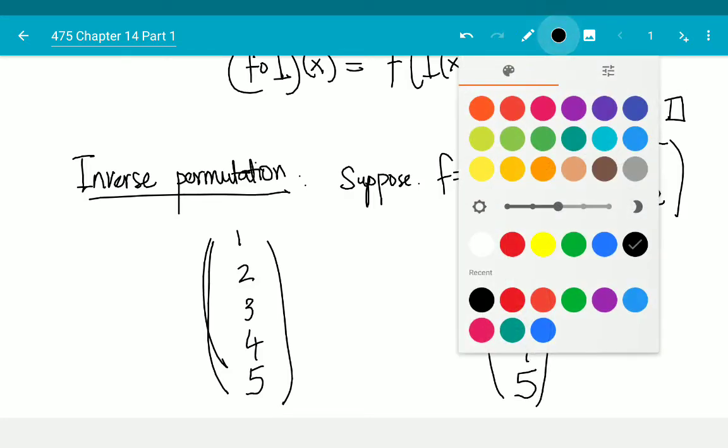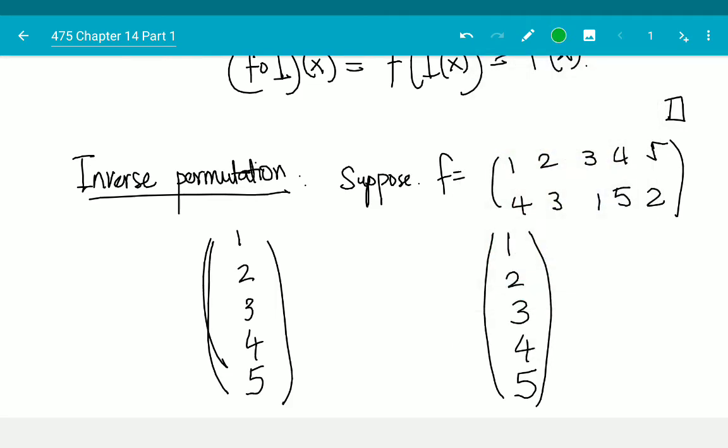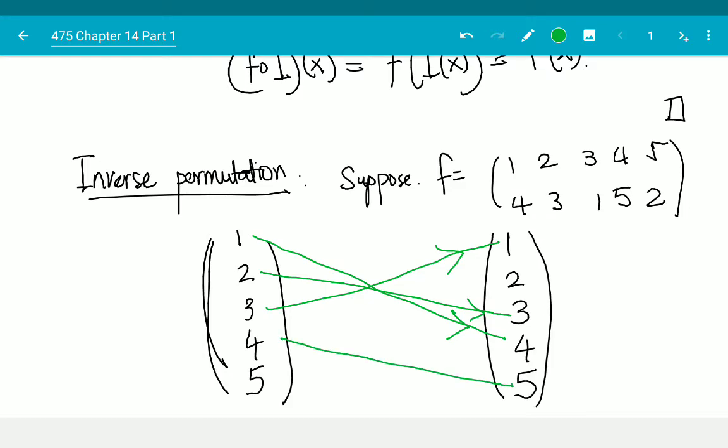And how are the arrows being drawn? 1 goes to 4, 2 goes to 3, 3 goes to 1, 4 goes to 5, and 5 goes to 2.